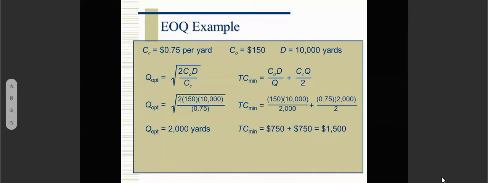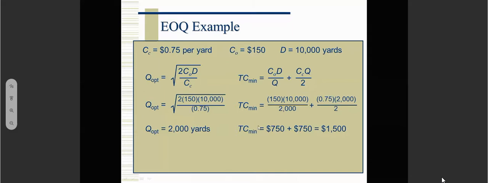So 5 times multiplied by the 150 ringgit of ordering cost. And for the carrying cost, the average inventory is 2,000, the optimal order quantity, divided by 2, so we have 1,000 units of average inventory, multiplied by 75 cents of carrying cost.